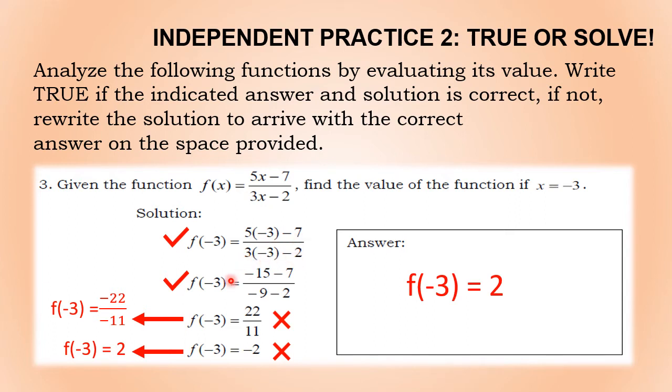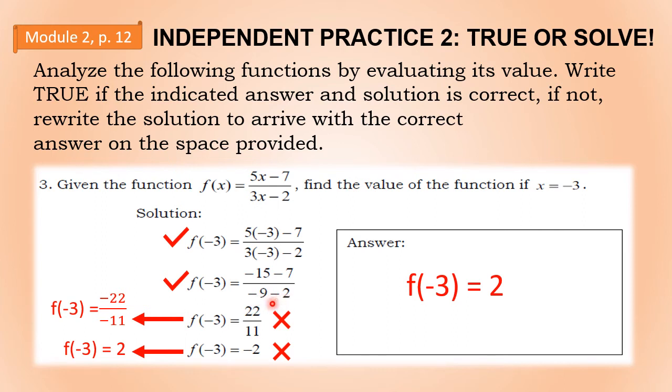This is correct. f of negative 3 is equal to 5 times negative 3 is negative 15 minus 7 over 3 times negative 3 is negative 9 minus 2. And this is also correct. f of negative 3 is equal to negative 15 minus 7 is not 22, but negative 22 over negative 9 minus 2.